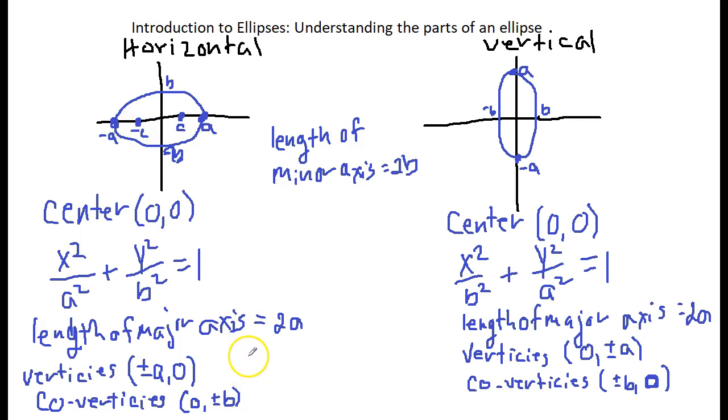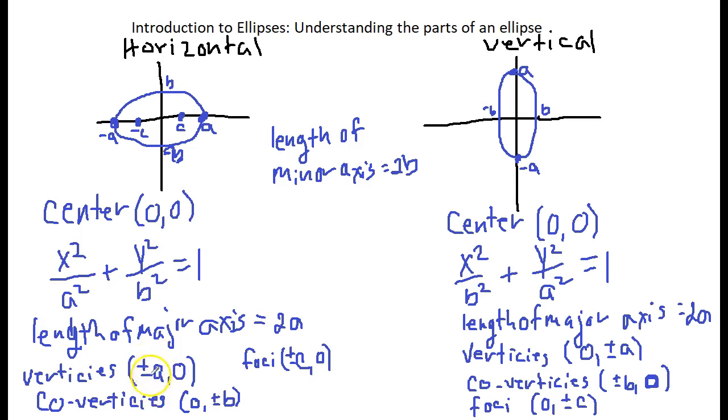So our focus, or since we're going to do plural, foci, are, for the horizontal, plus or minus C, comma, 0. And for the vertical, are 0, comma, plus or minus C. Now, you notice in the vertical ellipse, A is a y coordinate, so C will be a y coordinate because it's always on the major axis.